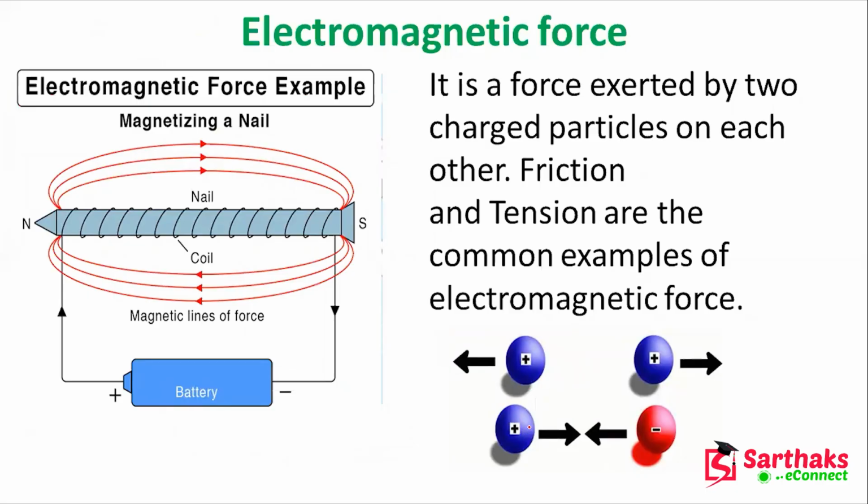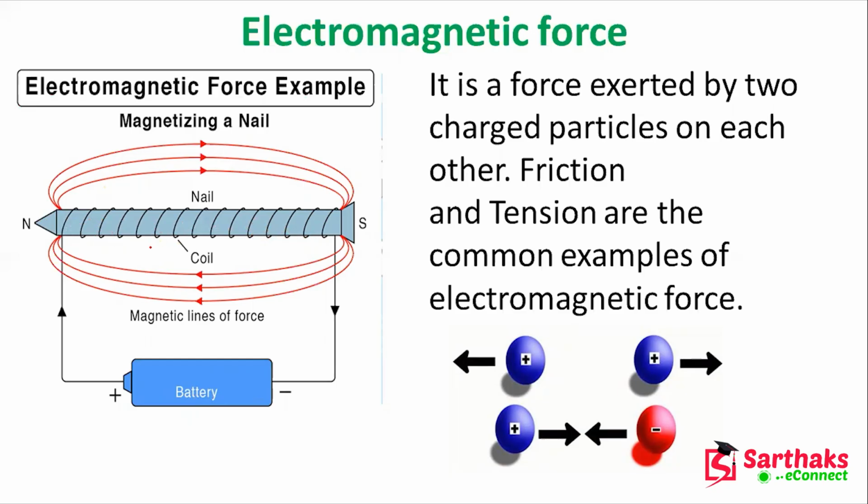Next, electromagnetic force. In the electromagnetic force, here I am applying a battery, where this is the positive and this is the negative side of the battery, and one nail is here which you are coiling.